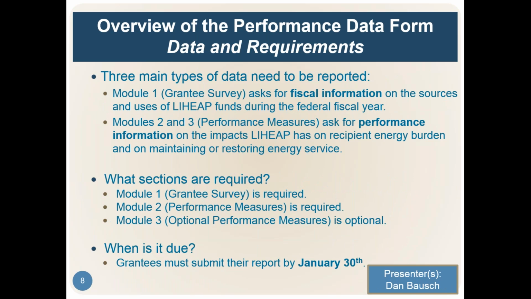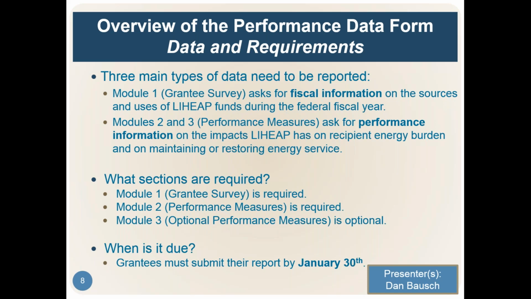So there are three main types of data that get reported in the LIHEAP performance data form. In Module 1, the Grantee Survey that we're going to focus in on today, the focus of that module is really fiscal information related to the sources of LIHEAP funding and the uses of LIHEAP funding during the federal fiscal year.